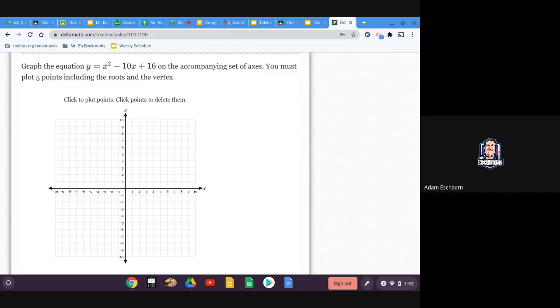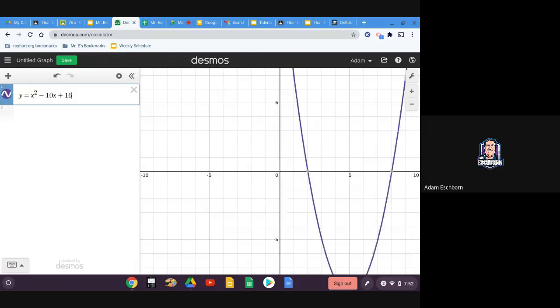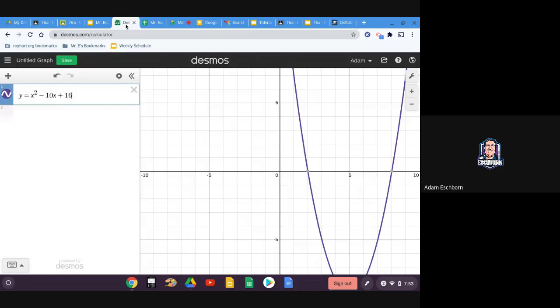Y equals x squared minus 10x plus 16. Delta Math says that they want at least 5 points, including the roots and the vertex.